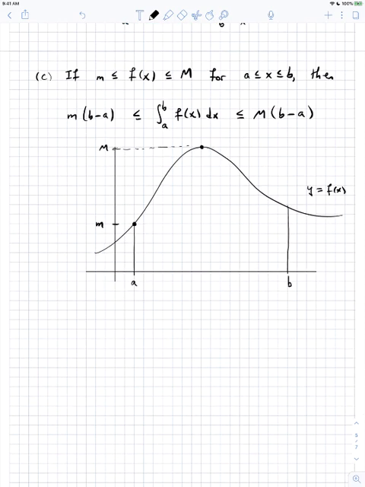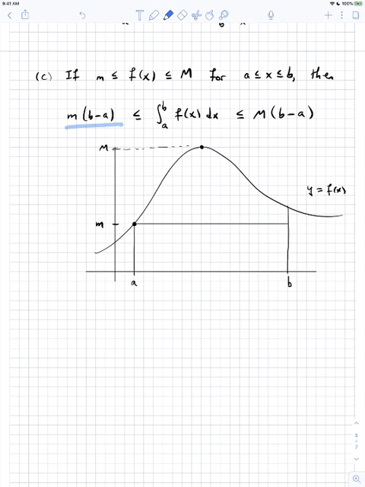So the integral in between, the definite integral of f, is the area underneath the curve. That's fine. Well, what is little m times b minus a? Little m times b minus a is the area of a rectangle. Namely, it's the area of the rectangle that has base b minus a and height little m.